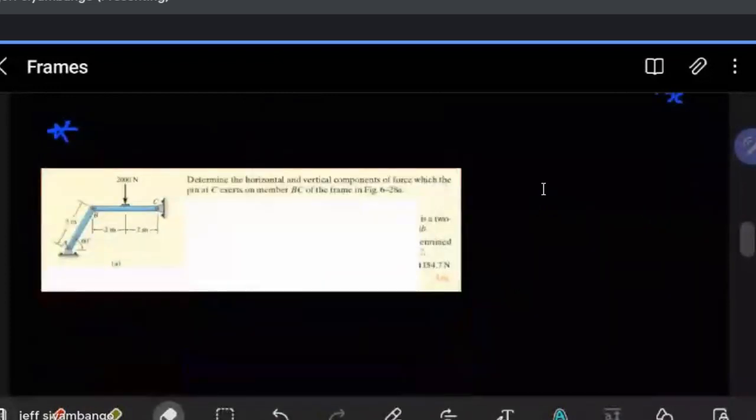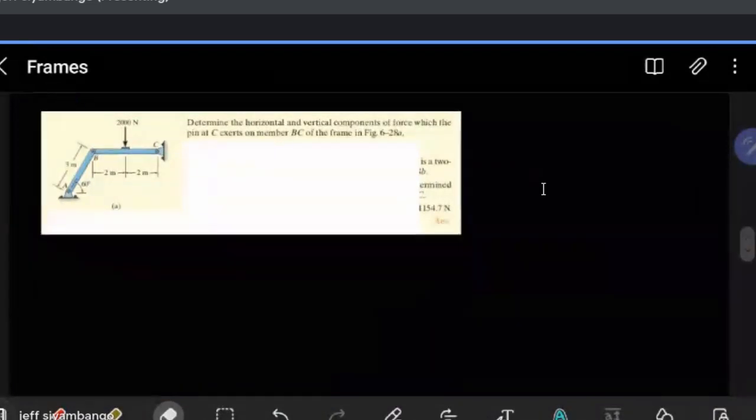What we want to do here is understand the diagram and identify the members. And then if you have two-force members, you want to account for them and then draw the diagram. So how does it go? Okay, so let's start.